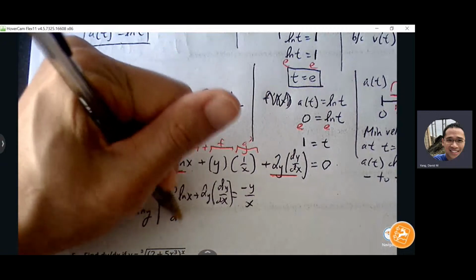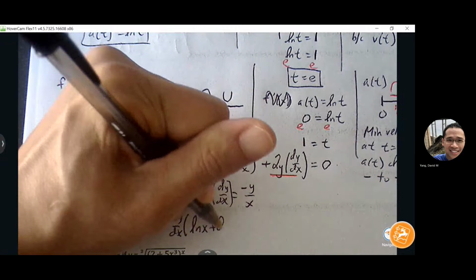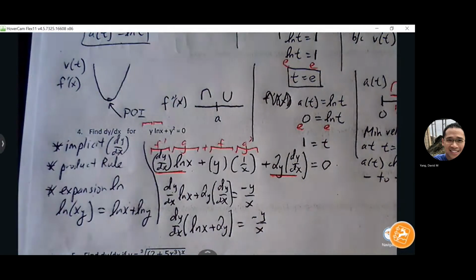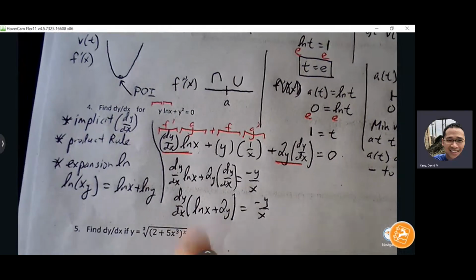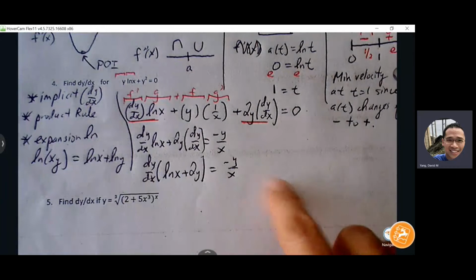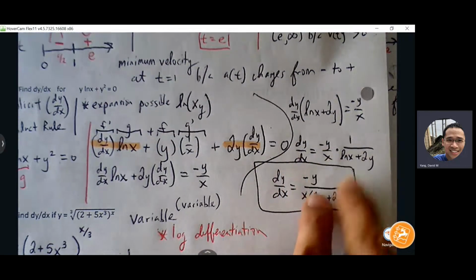Factor out the dy dx. And then divide the parentheses over. But I got a fraction on the right side, so dividing by parentheses is the same thing as multiplying by its reciprocal. And that way I can get it to look a little cleaner there.